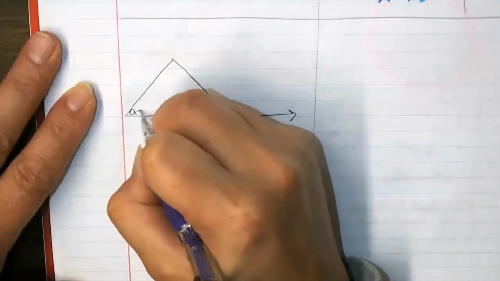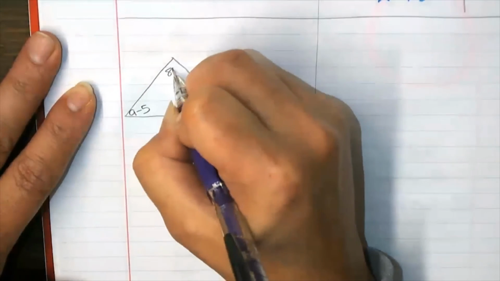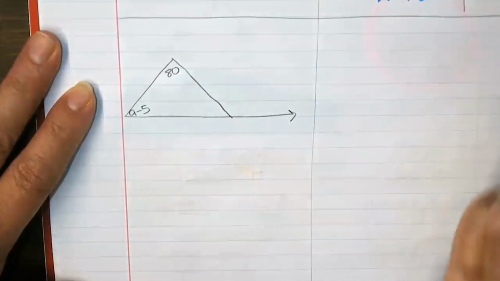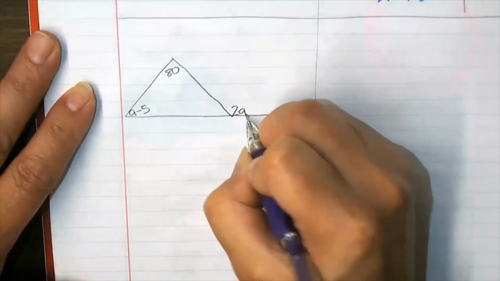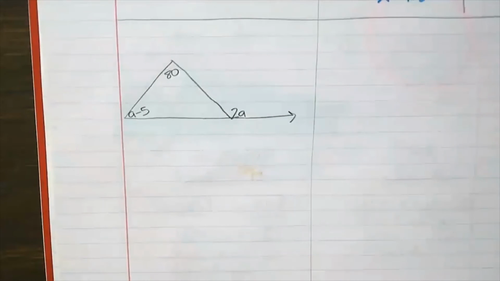So this is A minus 5, 80 degrees, and this is 2A. We need to know the value of A. All they're asking us is what's the value of A?